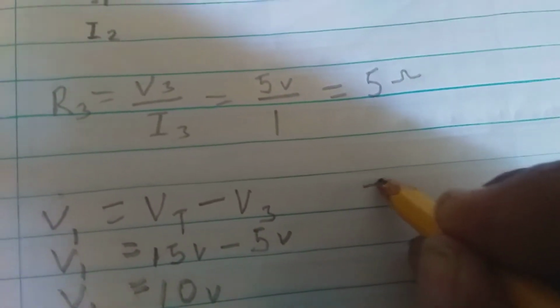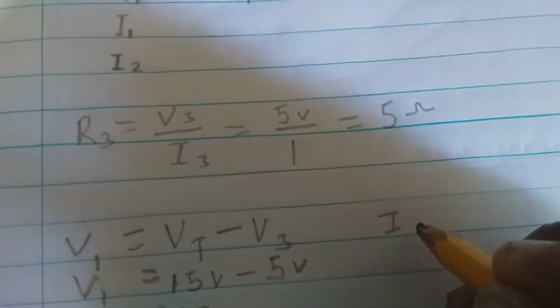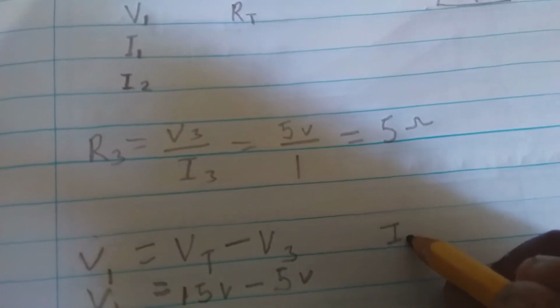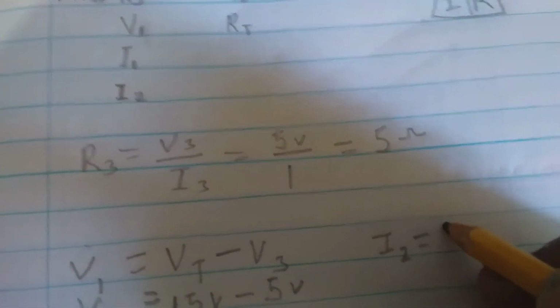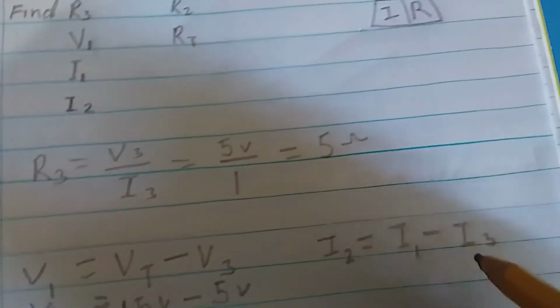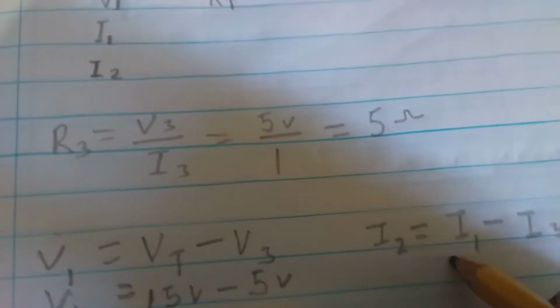So we have, we're looking for I2. So I2 is equal to I1 minus I3. So I1 is 2 amperes minus I3 is 1 ampere.